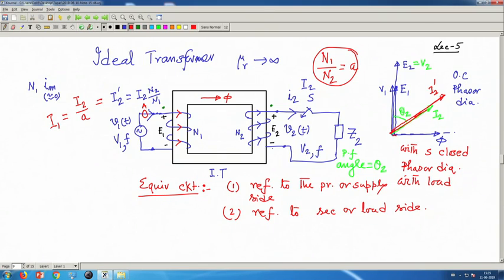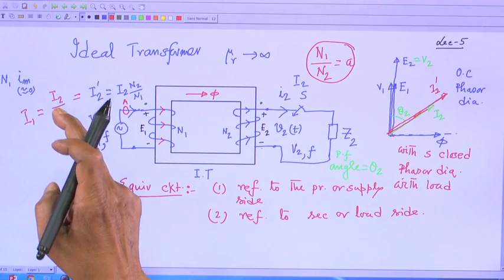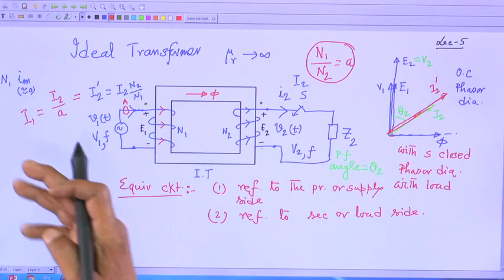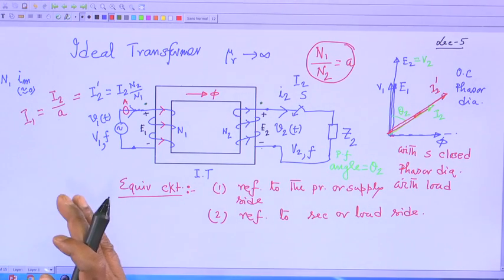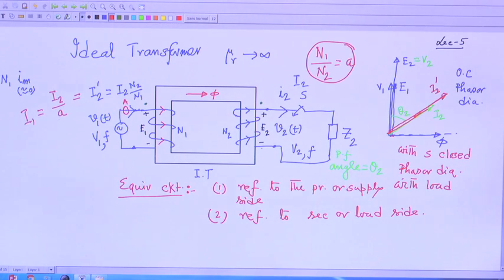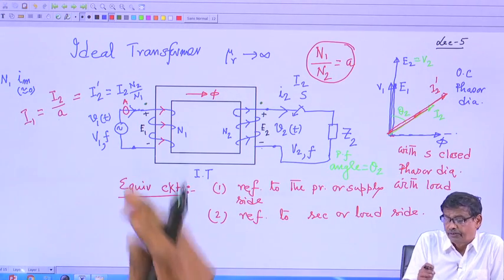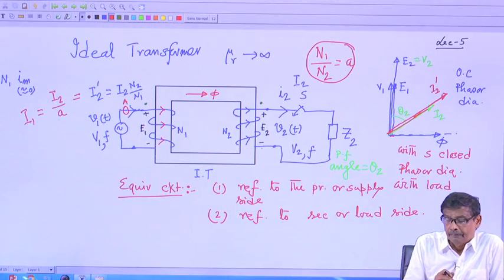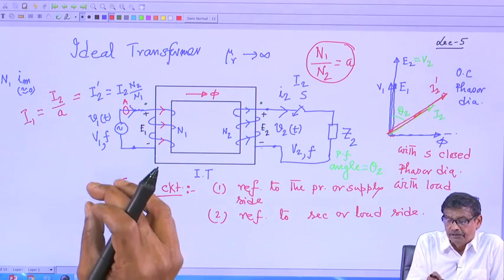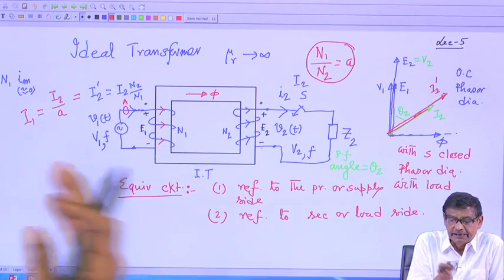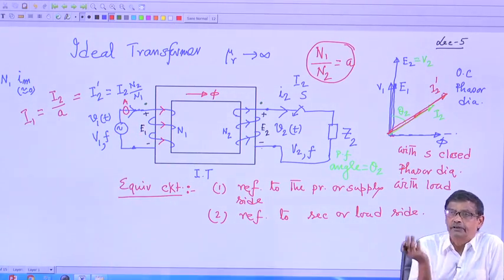So, I1 is equal to I2 by a, and if I2 is 0 with S opened, I1 also vanishes. The supply is totally unaware of the fact that there is a transformer and a load connected across the secondary. It will interpret that as if across the supply V1 you have connected a load and it is delivering a current I1, that is all.